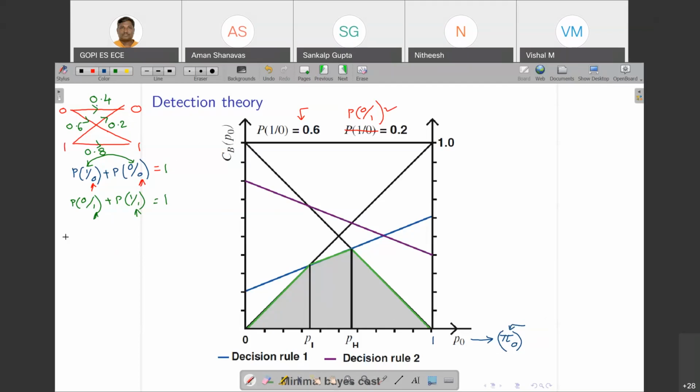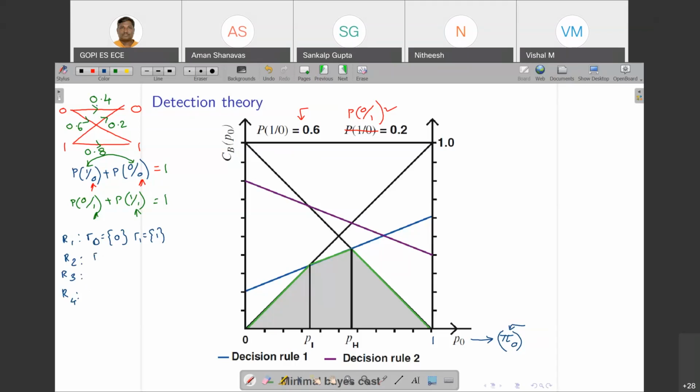Then what is my Bayes cost for all the 4 rules? We have rule 1, rule 2, rule 3, and rule 4. Quickly we will write the expression for each rule. Rule 1: gamma naught is 0, and gamma 1 is 1.